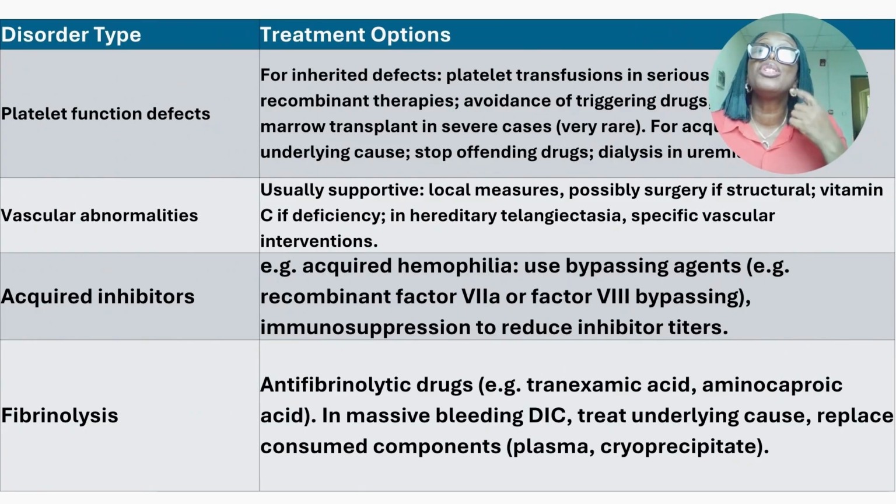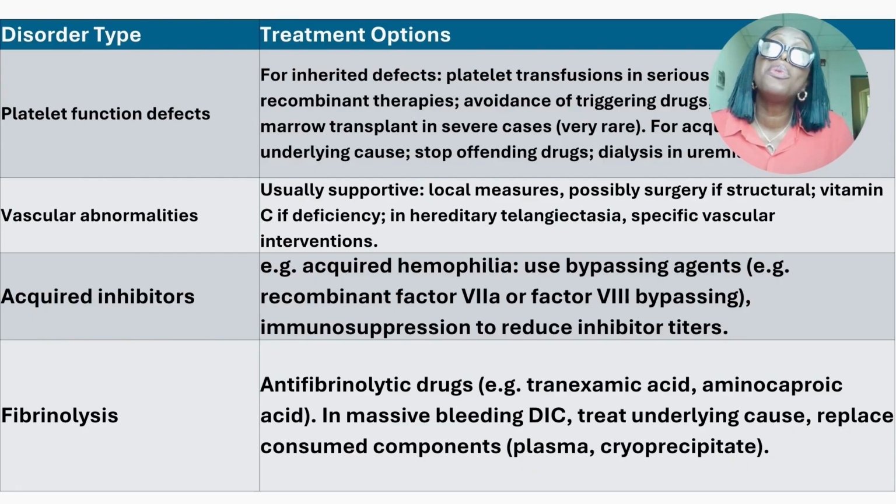Now, in platelet function defects, function that has to do with platelet adhesion, platelet activation, and aggregation, for inherited defects, platelet transfusion can be given in serious cases, and then we have recombinant therapies, avoidance of triggering drugs. Also stem cell or marrow transplant is emerging, but it's very rare.